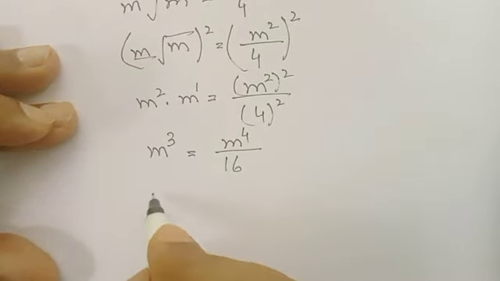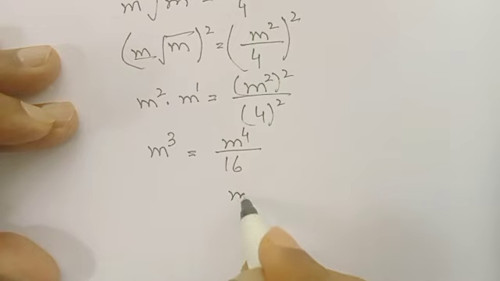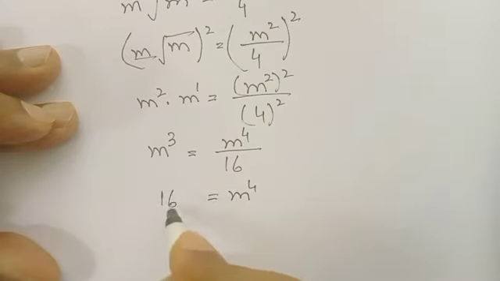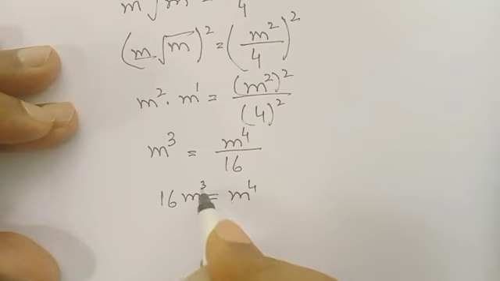So here, m to the power 4 over 16 equals m cubed. The 16 will go to the other side of the equation, and m cubed will also go to the other side and be divided.